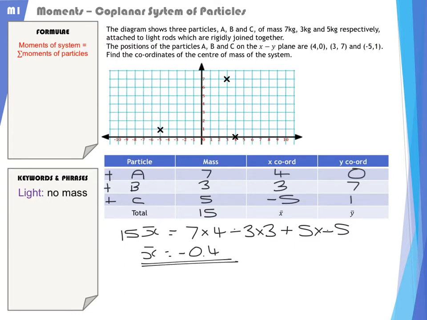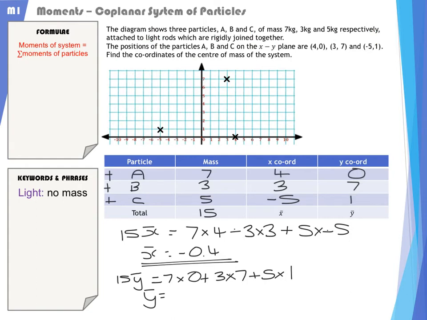Now we're going to do exactly the same thing with the y. So 15 y bar is equal to 7 times 0 plus 3 times 7 plus 5 times 1, and rearranging that is going to give us our y coordinate.